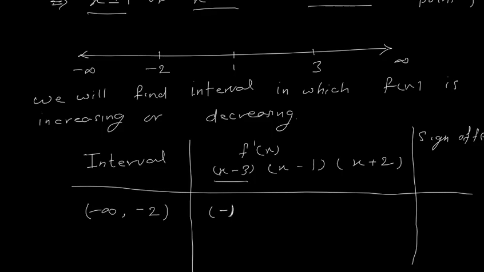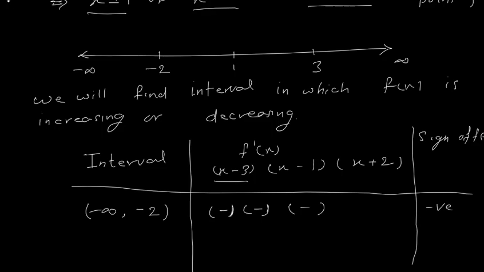You can take any value between minus infinity and minus 2, since all values in this interval give the same result. Let us take minus 4. The first term will be negative, the second term negative, and the third factor also negative. So when negative is multiplied by negative, the result is finally negative.